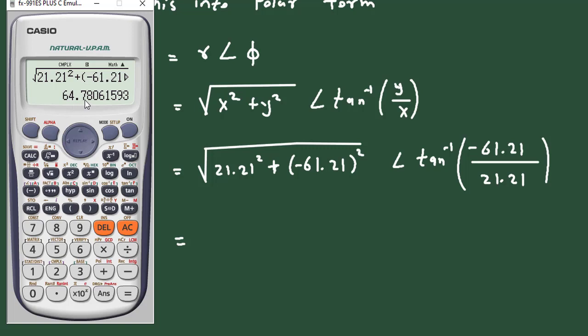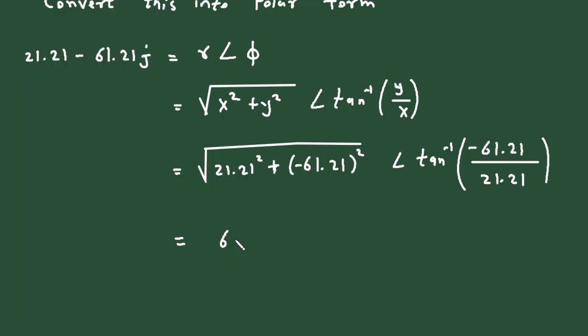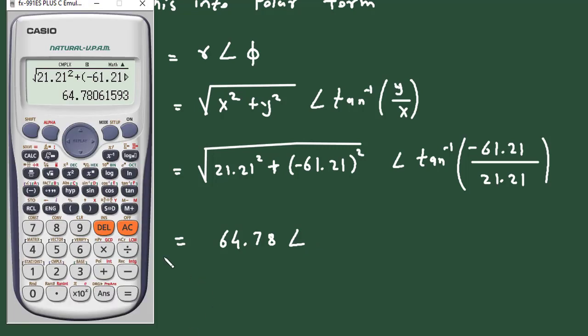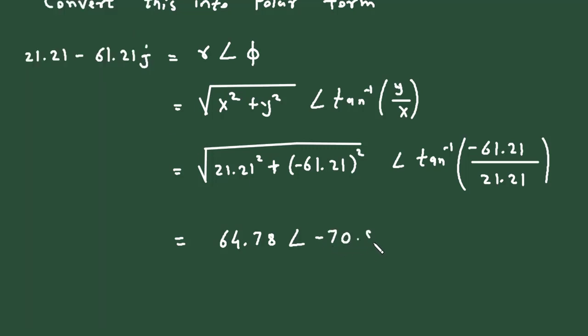So 64.78 at an angle tan inverse of minus 61.21 divided by 21.21. So it is minus 70.88 degree.